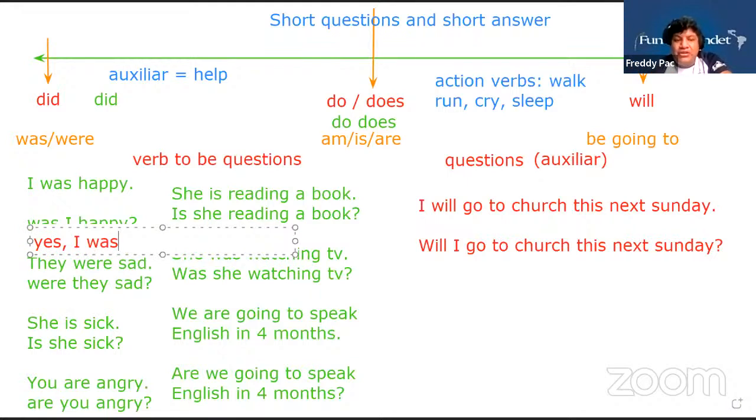Yes, I was. Or if I want to say negative, no, comma, I was not. Depending on the information. In this case, the answer is yes, I was, because the sentence says I was happy.